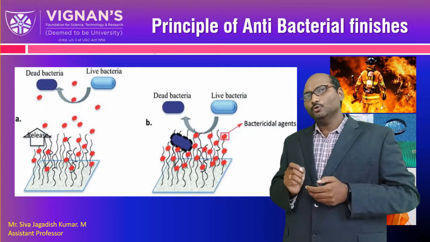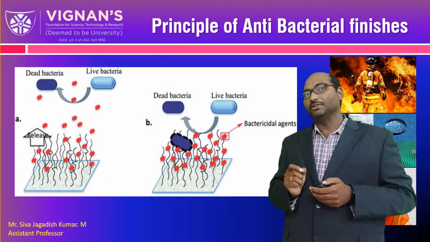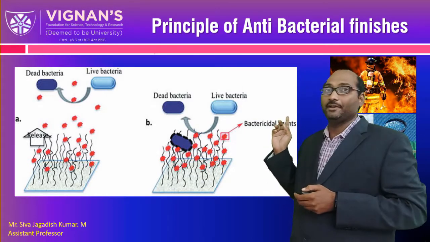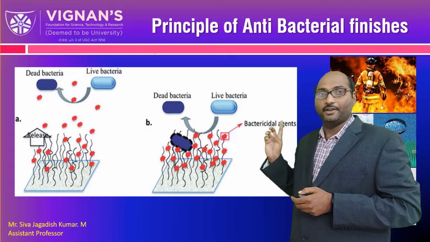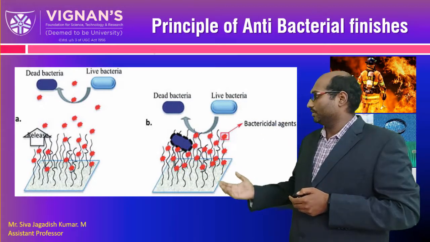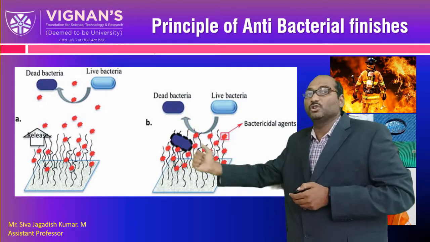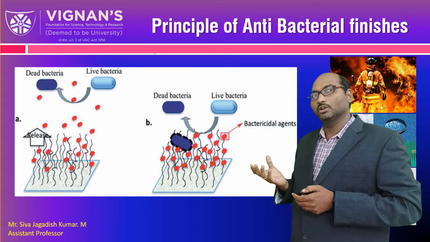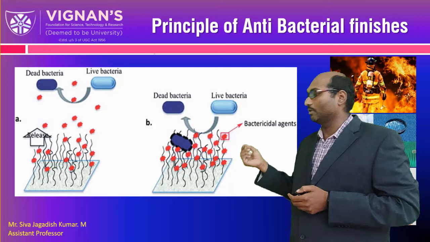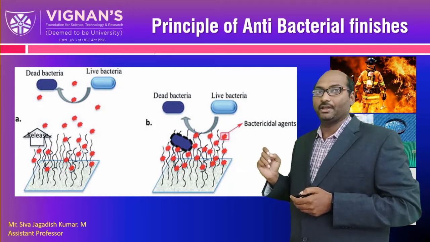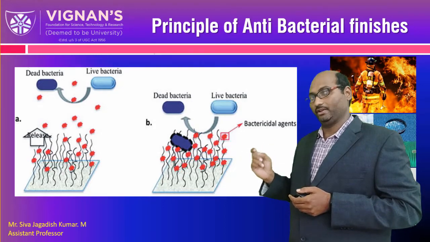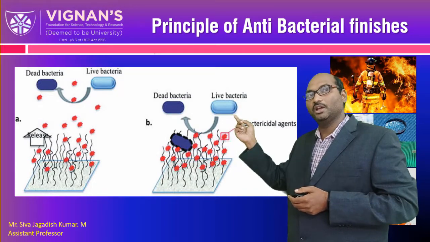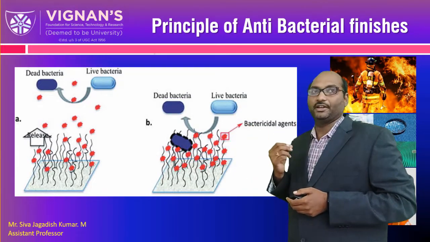Yeah. So basically, this is the principle of antimicrobial or antibacterial finishes. Say the substrate, which has these fibers, and this red color is nothing but the bactericidal agents. Okay, there are live bacteria and then dead bacteria.